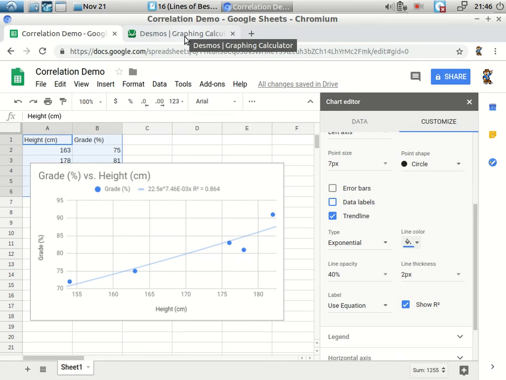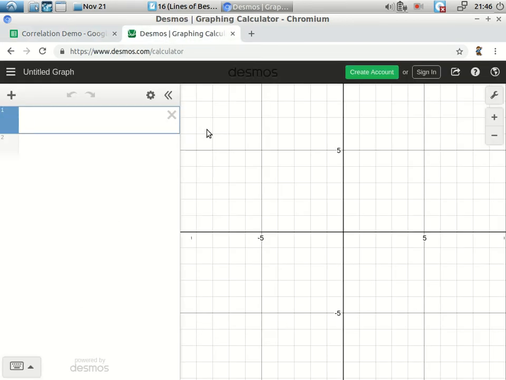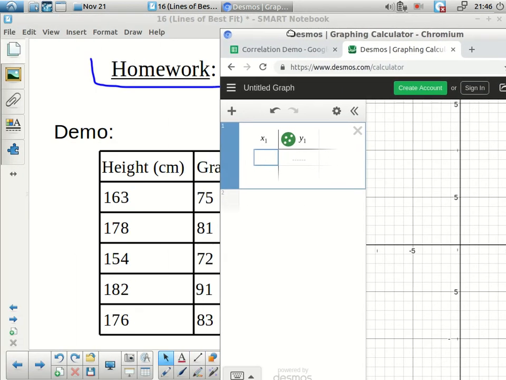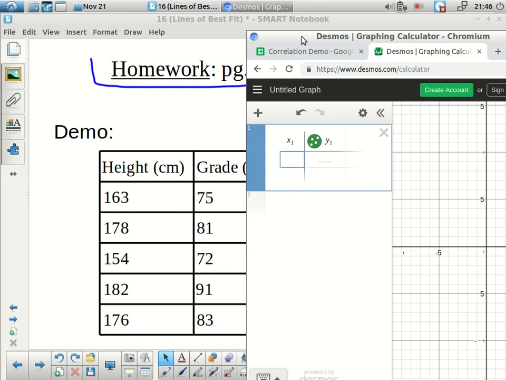So I'm also going to show you how to do it with Desmos. Okay, so in Desmos, instead of entering an equation, you're going to go to plus, and you're going to add a table. Okay, and same thing, I'm going to need to put my data in here. So I've got 163, 178.